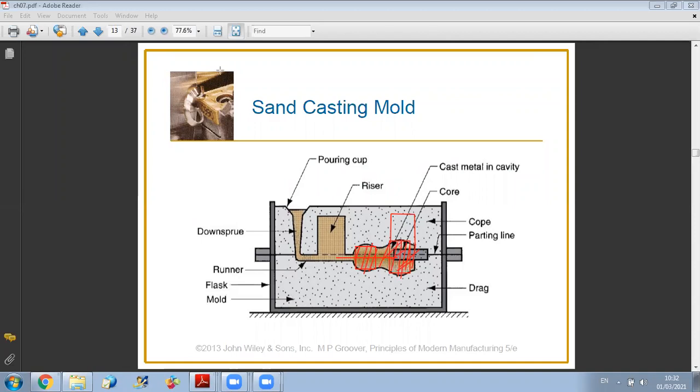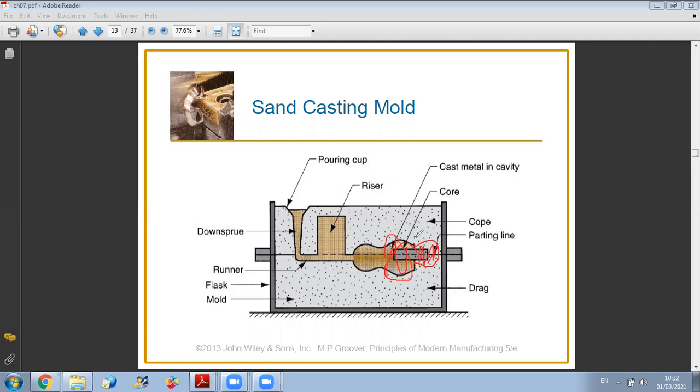Okay. So for example, let's say your pattern is continuing in this way, like this. So what will happen? You will have here a zone of high solidification time, and here a zone of low solidification time. So this zone will block first, and molten metal will not be able to reach this zone.